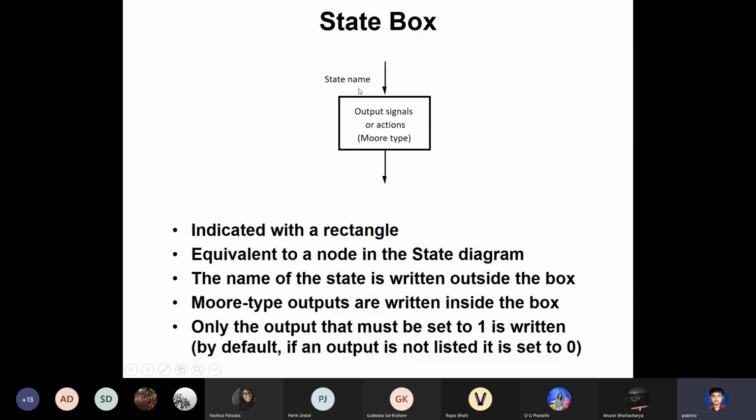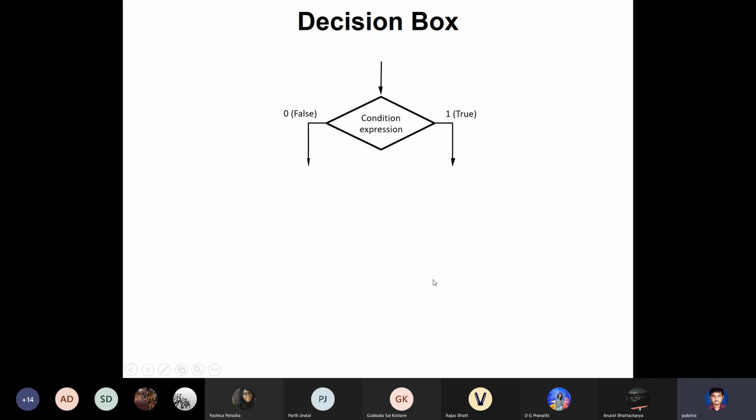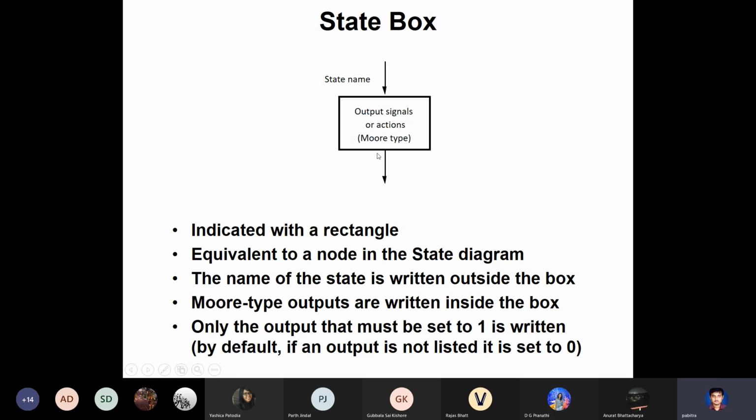The name of the state is written here. The outputs are written inside the box. Only outputs that must be set to 1 are written. By default, if an output is not listed, it is set to 0. Sometimes, if you have a state assignment, say 000, that's also written at the top right of the box. This is called a state box.